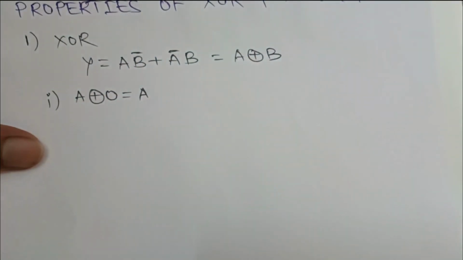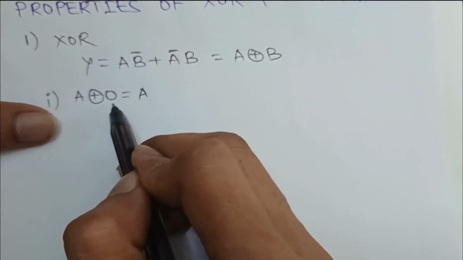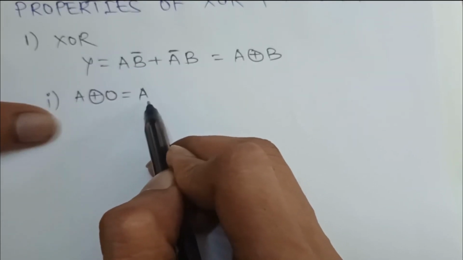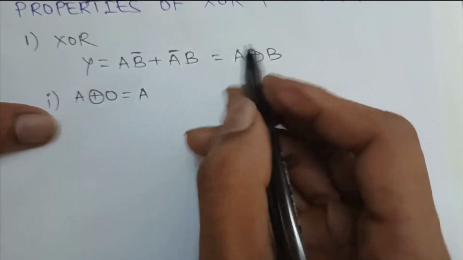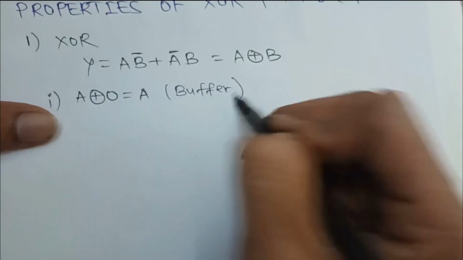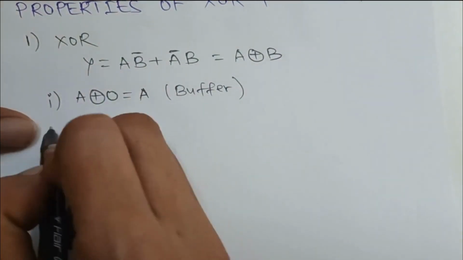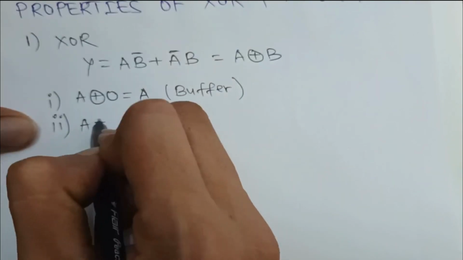That means when we take any variable XOR with 0, it is going to give you a buffer. That means it is going to give you the same variable as the result. It is a kind of buffer. Next one is A XOR 1.